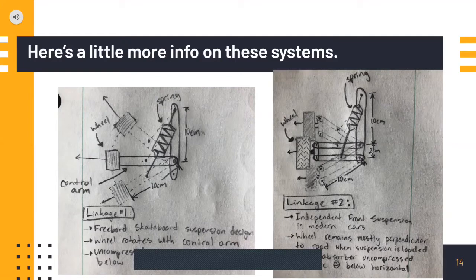In our picture on the right is linkage 2, or an independent front suspension system like those found in most modern cars. The wheel remains mostly perpendicular to the road when the suspension is both loaded and unloaded. When the shock absorber is uncompressed, the parallel bars are at some angle below the horizontal.